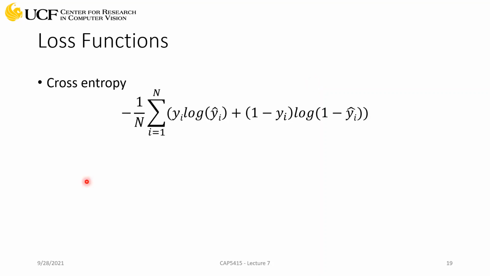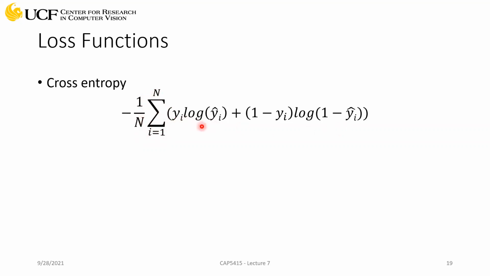So cross entropy is a very, very popular loss function, and most of the time when you're doing classification, you're going to use this. I will briefly also explain the intuition why this works. This is the formulation for cross entropy, and again we are summing this over the entire samples. So we have n different samples, and we are normalizing using n.